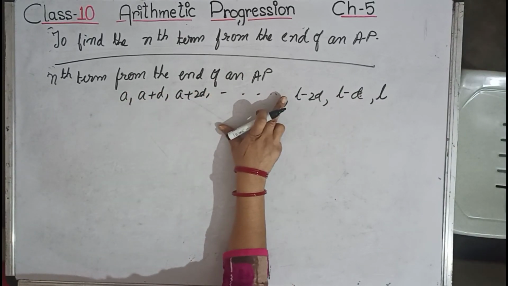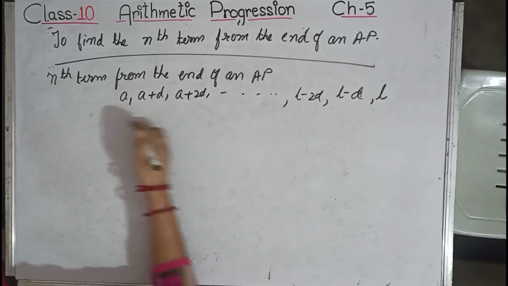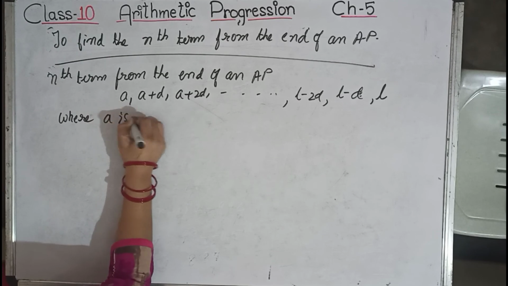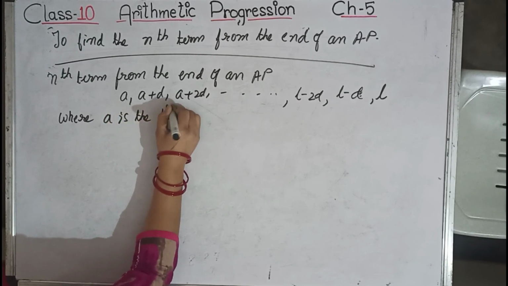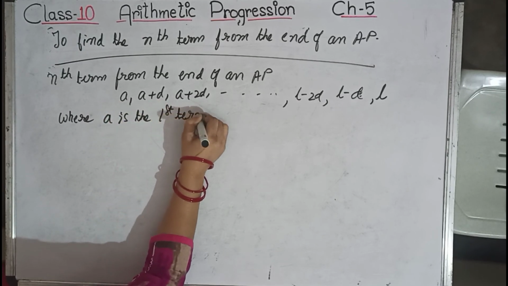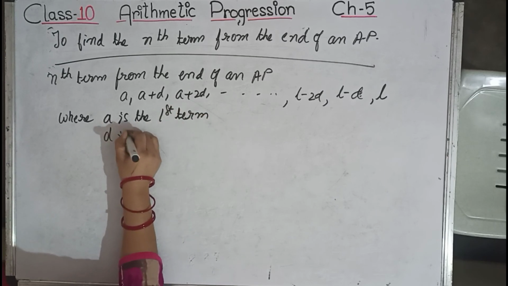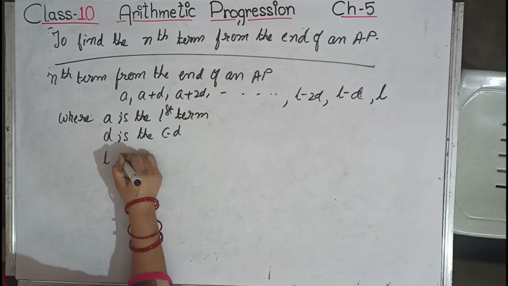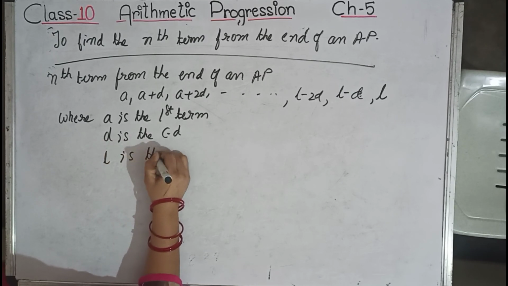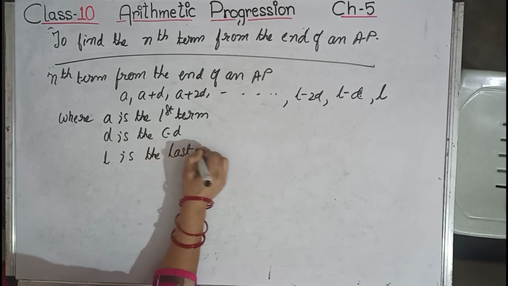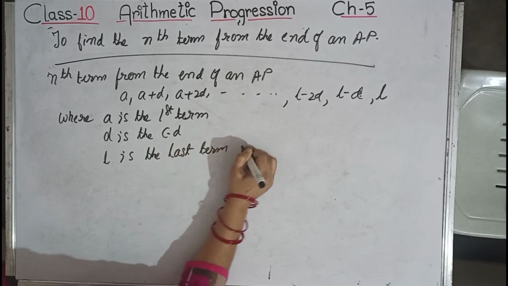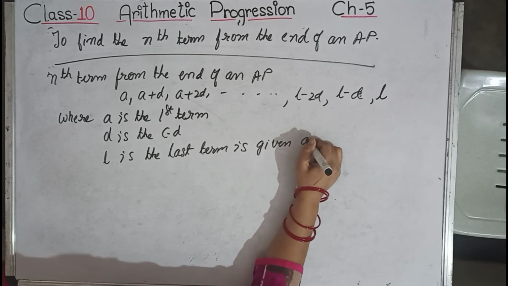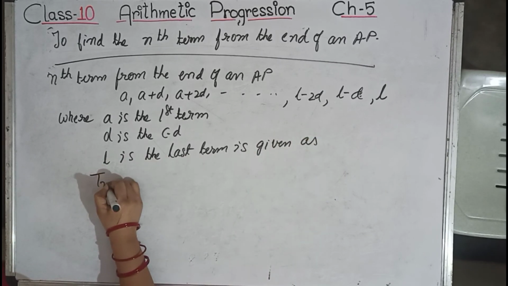So the nth term from the end of this AP, where A is the first term, D is the common difference, and L is the last term, is given as Tn dash.